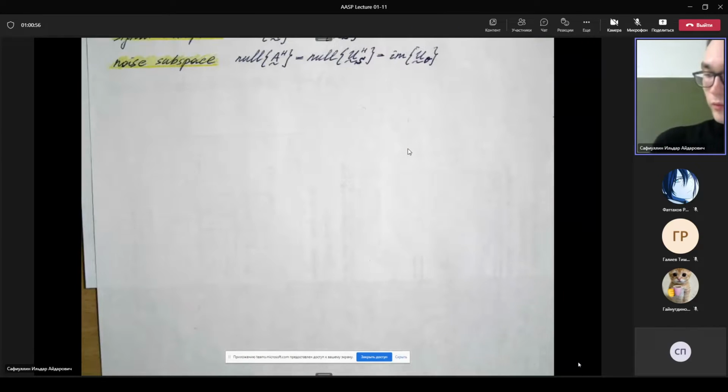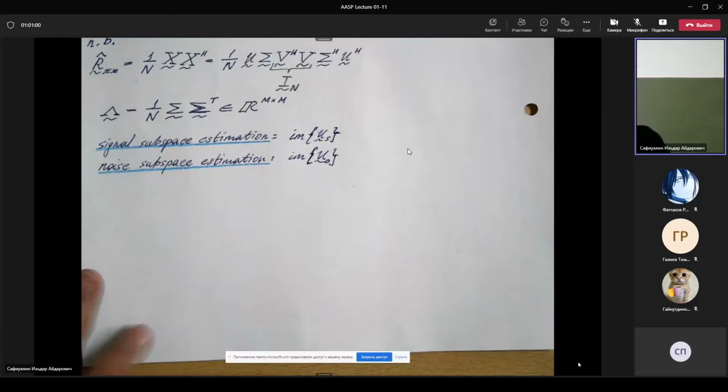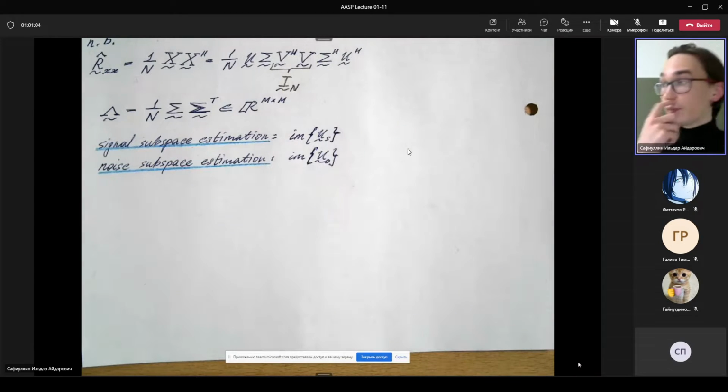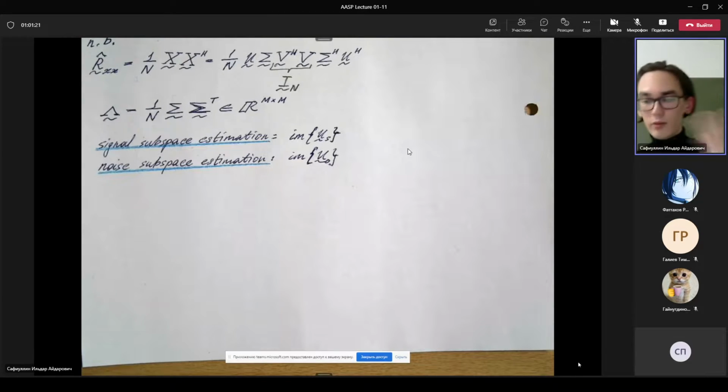So this one here, this one here. And now you will see the differences between U with this small s and U with capital S. Estimation with small s, because we need to see the difference between the estimation one and the original one.